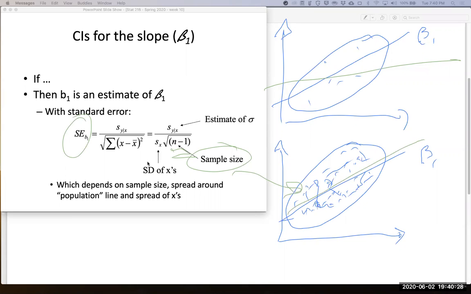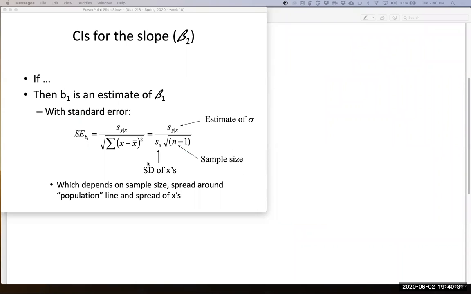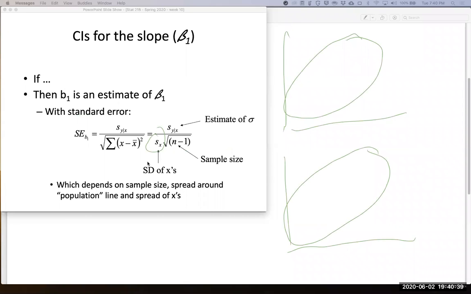Let's go after the spread of the x's next. My claim is, again, in 2 different identical populations, again, maybe heights and weights, when looking at the relationship between height and weight, would you rather have all your data in the 5'7" range, all the people who claim to be 5'7", so 10 data points there, or would you rather have 10 data points spread throughout the ranges of heights?